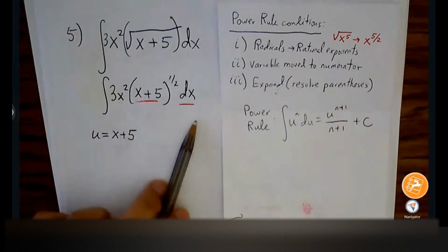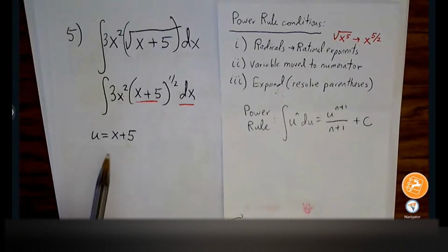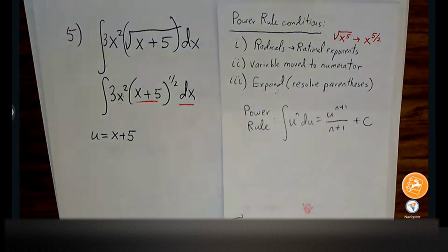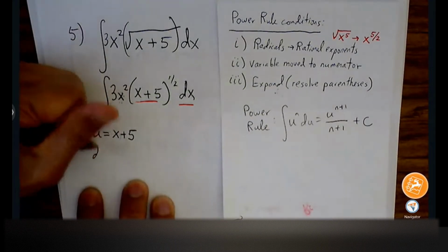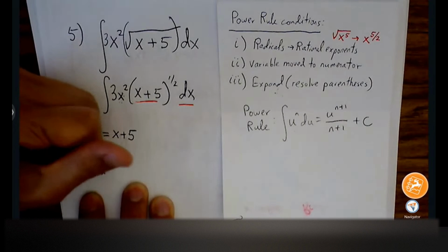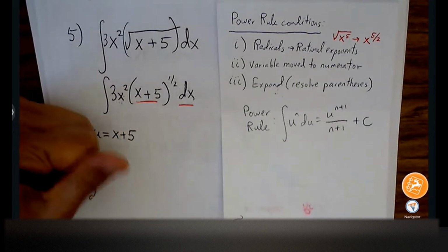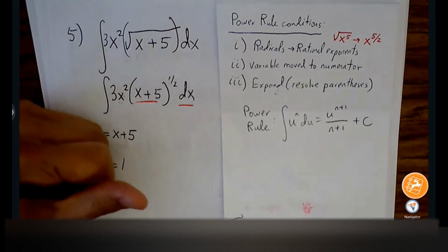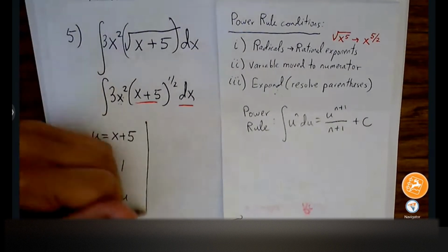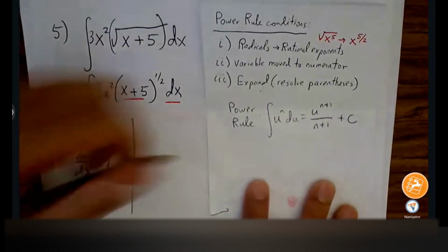Once we get the derivative, it's not going to be a good match. But we're still on the right track. We just know that there's going to be something more we got to do. Okay. So du dx, cross multiply, and we can make our substitutions.